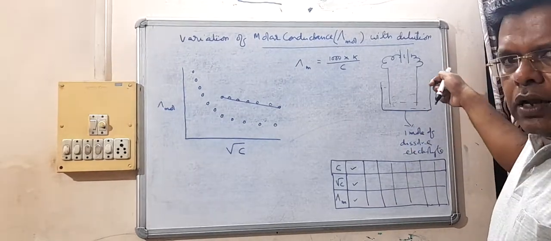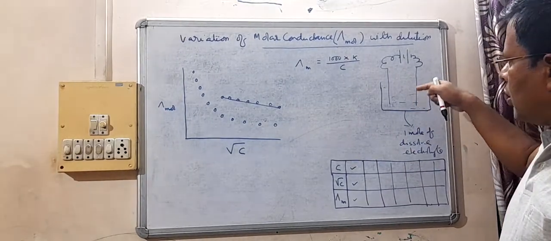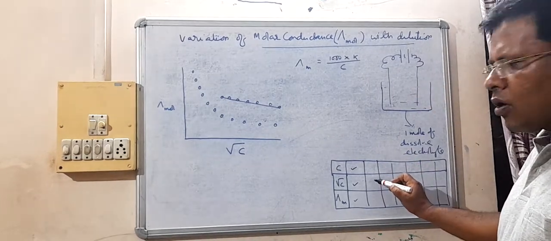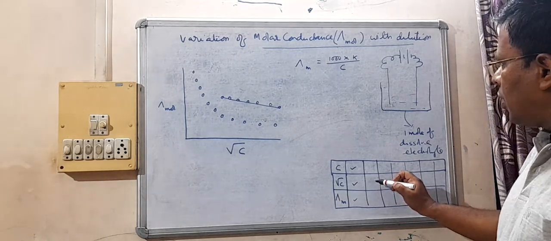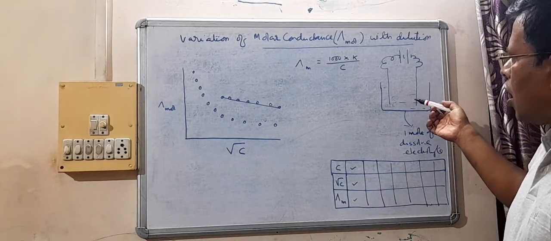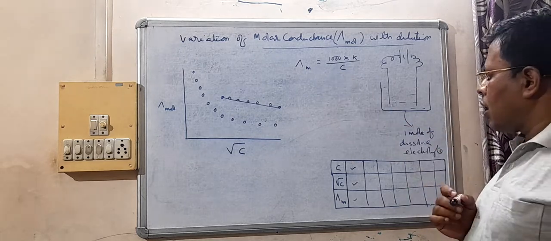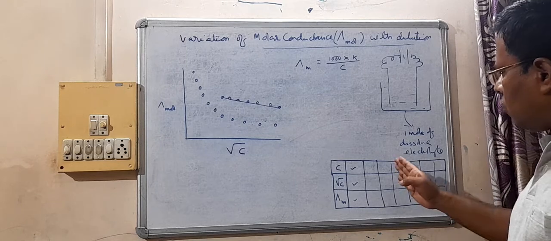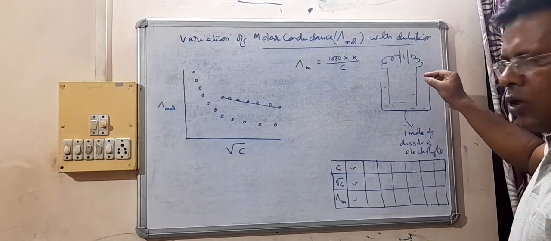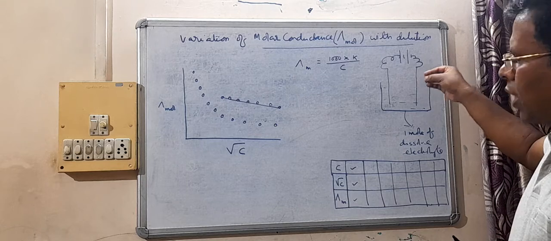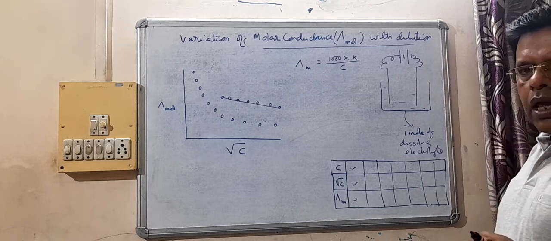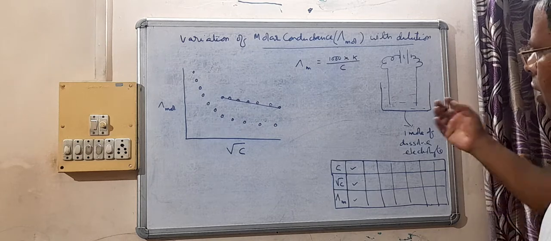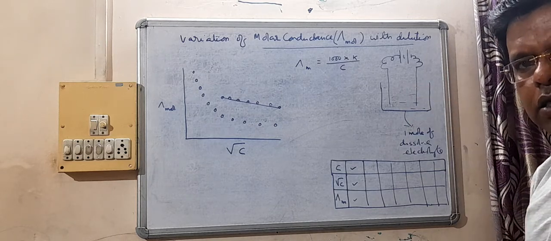Then again we will add some water, then concentration will change, root C also will change, and because of change in concentration, the molar conductance value also will change. So every time we will keep on adding water gradually, and in every case we will try to get the molar conductance value.